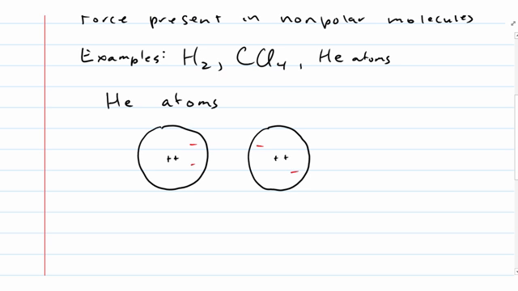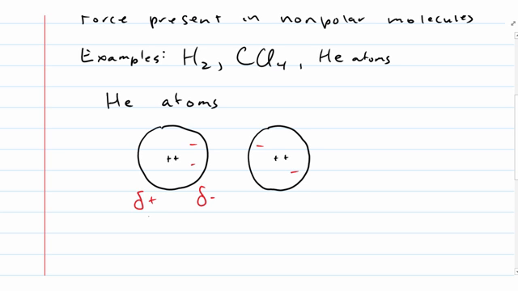But let's say all of a sudden that they wind up moving so they are both on the right-hand side of this first helium atom. Well, what happens then is that this side of the helium becomes partially negative and this side over here becomes partially positive. Partially negative simply because they have the negatively charged electrons.